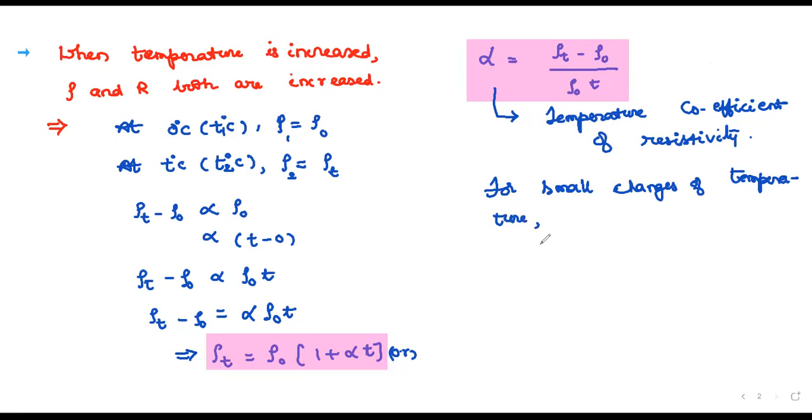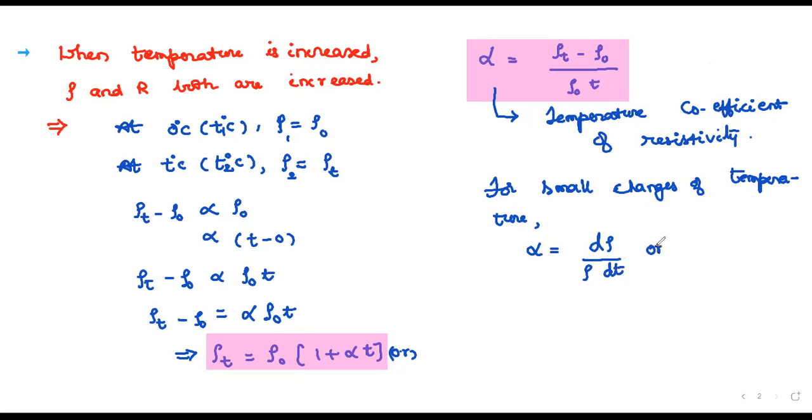We write here alpha is equal to what? Rho T minus rho naught means the differential form d rho, upon rho naught, meaning initial rho, into T, which is actually T minus 0. That is the change in temperature now, so this is dT. We can write it like this. This is the differential form.